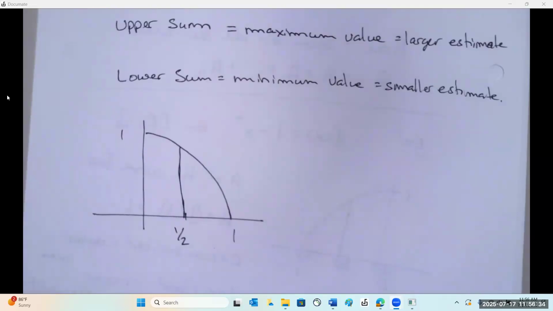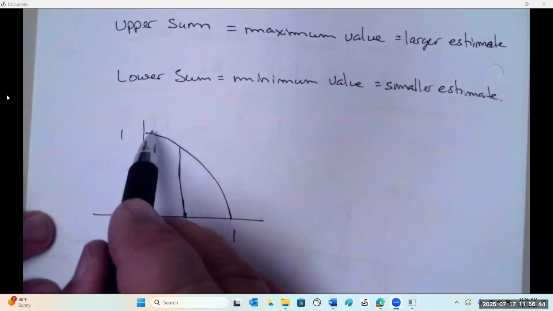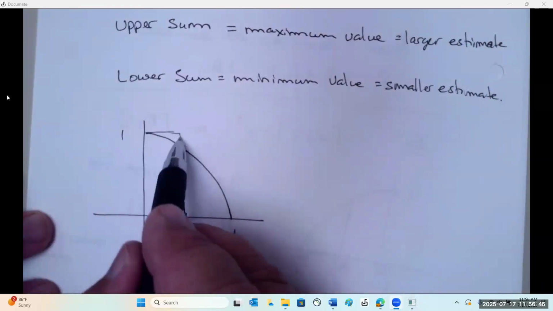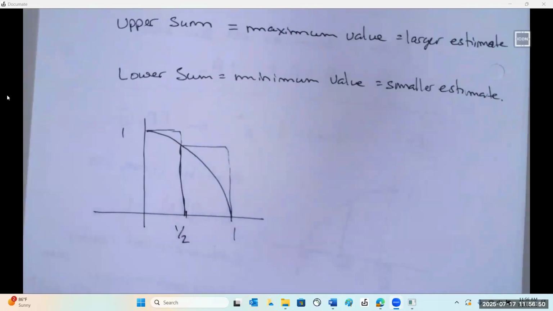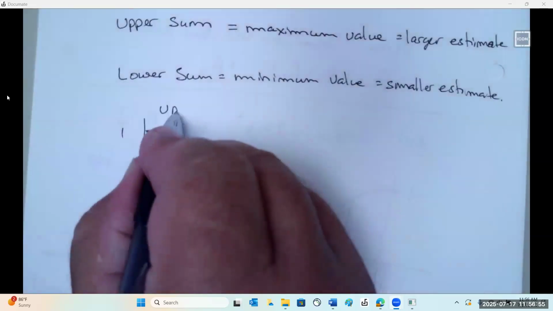For the upper sum, we have to find rectangles. We want the rectangle so it encompasses that curve. So that would be an upper sum.